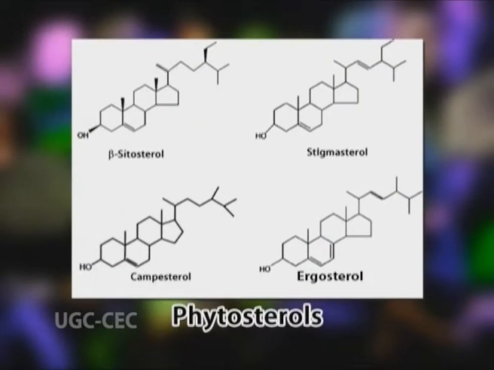The common phytosterols include stigmasterol, campesterol and sitosterol. Ergosterol is the sterol which occurs in fungi where it is found in cell membranes. It also provides rigidity to the fungal cell membranes.